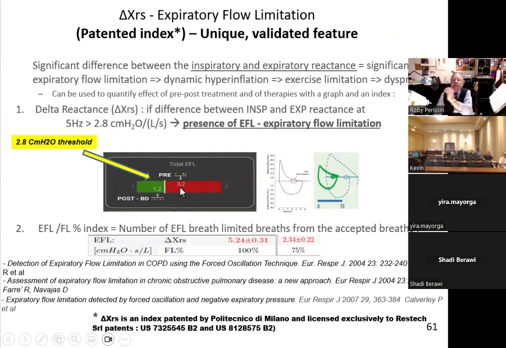It's detected as the difference between the reactances of the small airways, inspiratory and expiratory. If this difference is very high, it's been published that there is a threshold, and you will see the patient in the red zone. So if you manage with your treatment, with a bronchodilator or physiotherapy or anything, to lower the flow limitation percentage, chapeau.